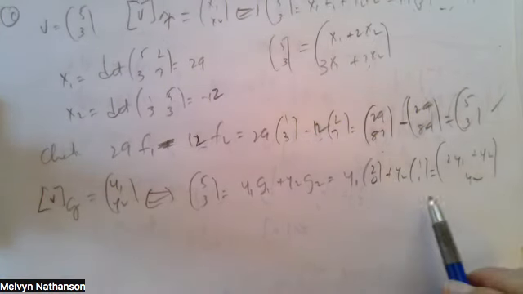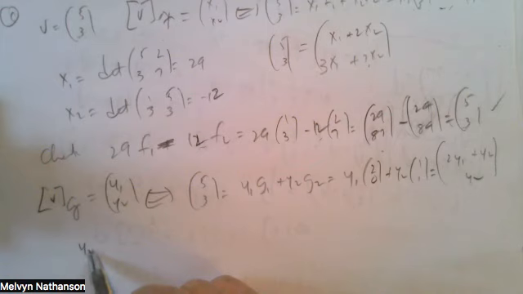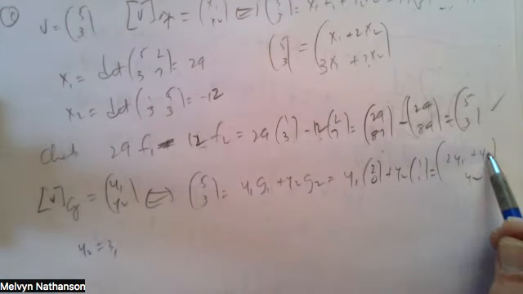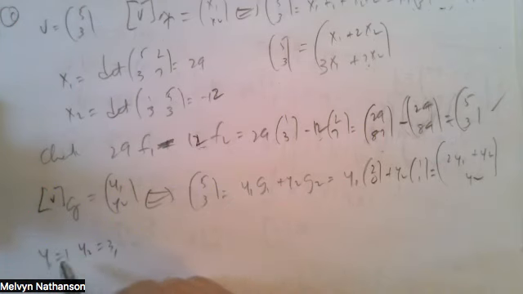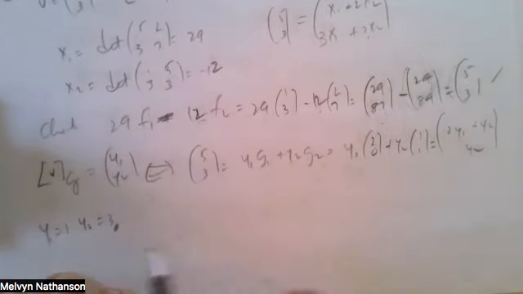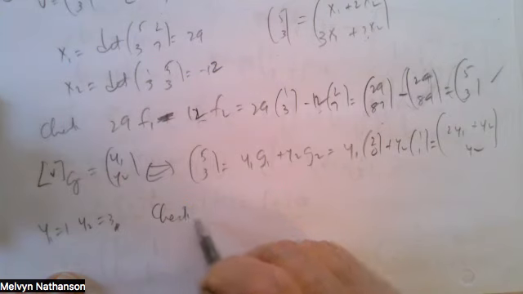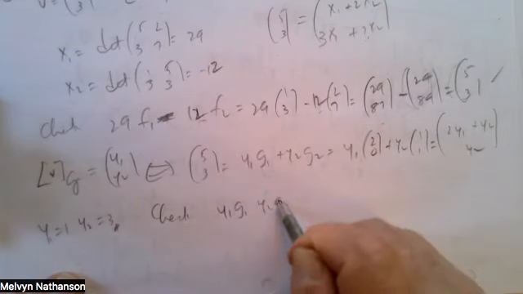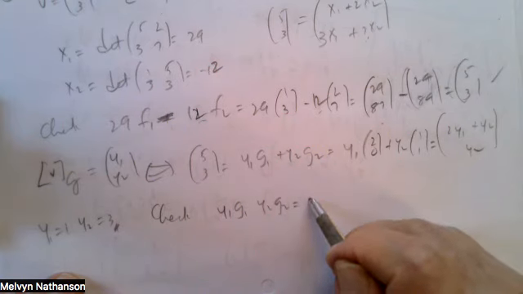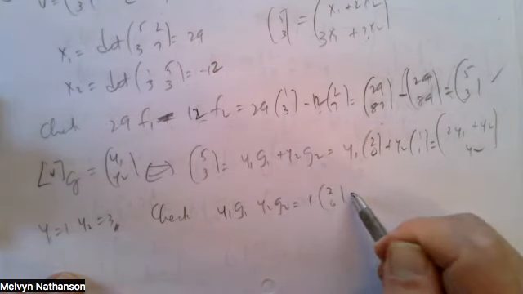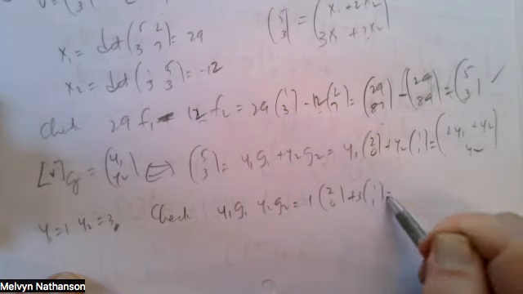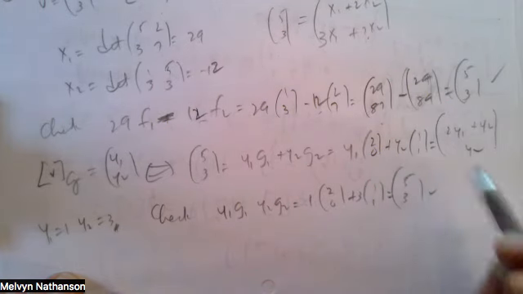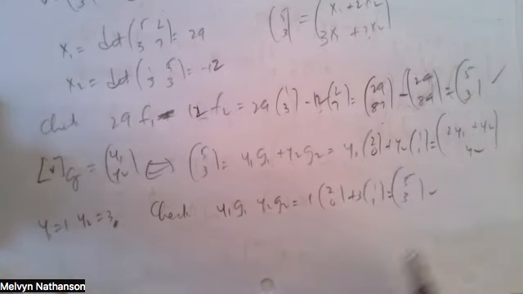And this means that y2 is equal to 3. And if this is 3, y1 is equal to 1. Right? Let's check. If I take y1 g1 plus y2 g2, that's 1 times 2, 0, plus 3 times 1, 1. And lo and behold, that is 5, 3. So that also checks.